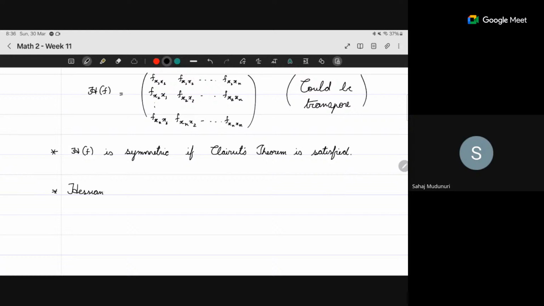Sir, just a small query: the H f matrix we have taken, since it's a symmetric matrix, we have taken it in this order, right? Not the transpose? Let me just verify that. Give me a moment and I'll give you the correct one.